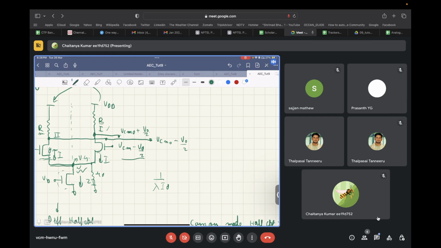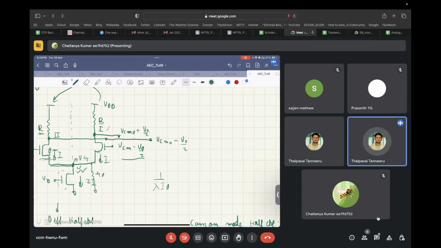If the circuit is not symmetric, then if there is some common mode swing at the input, some of that will leak at the output in differential fashion also. So common mode swing at the input will result in some differential swing at the output. So there you can't use this method. The circuit has to be symmetric for you to do this.